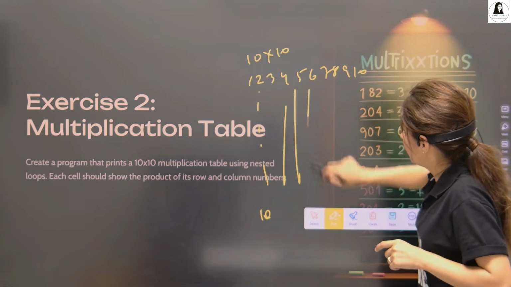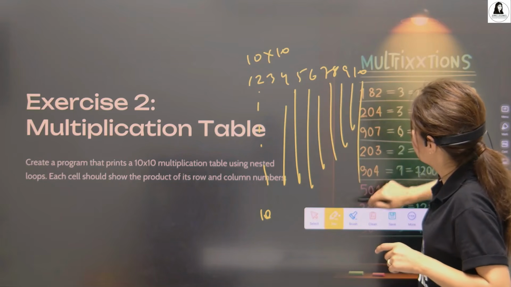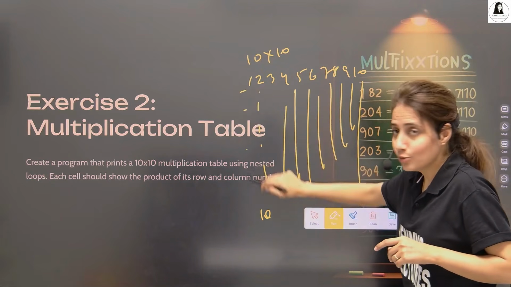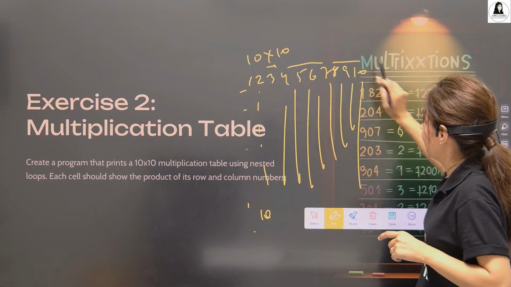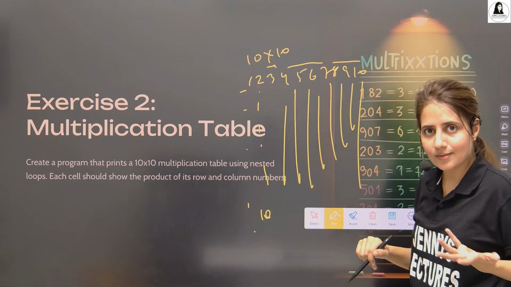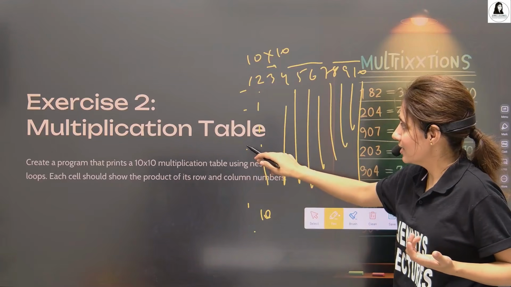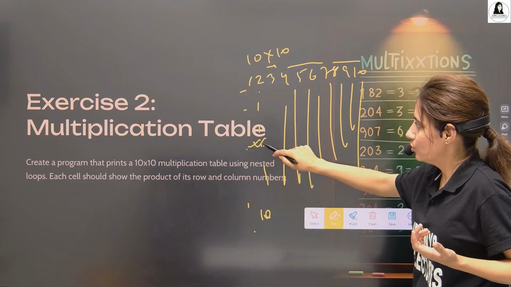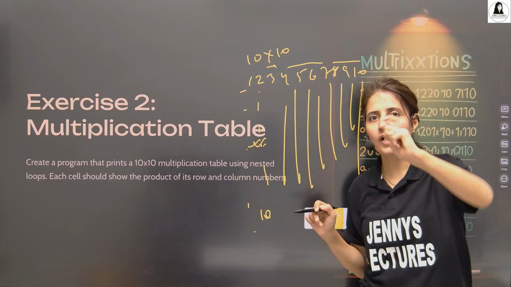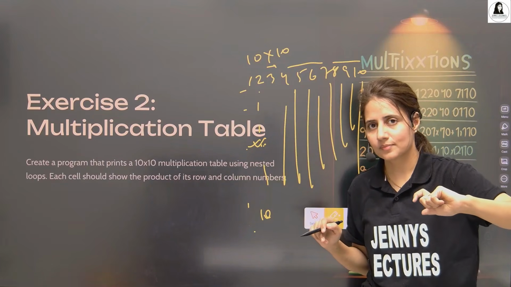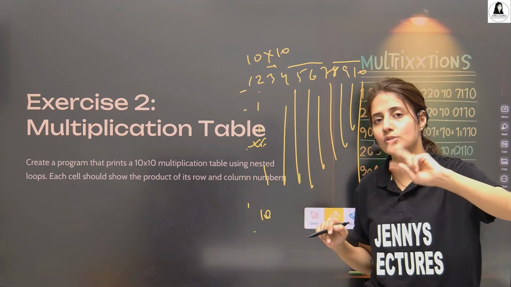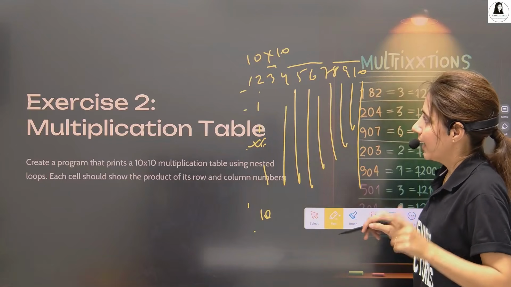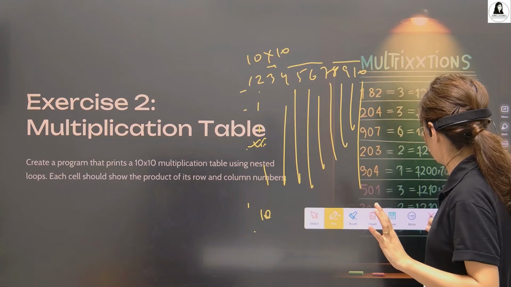So the number of rows is also 10 and the number of columns is also 10. Simple thing. You should write this out with a for loop, a while loop and a do while loop, nested, all three loops, right? And that pattern also you try out.